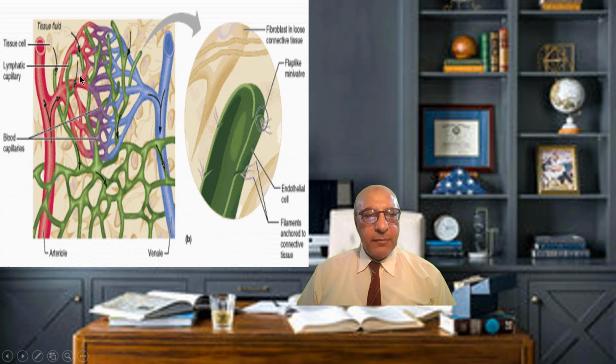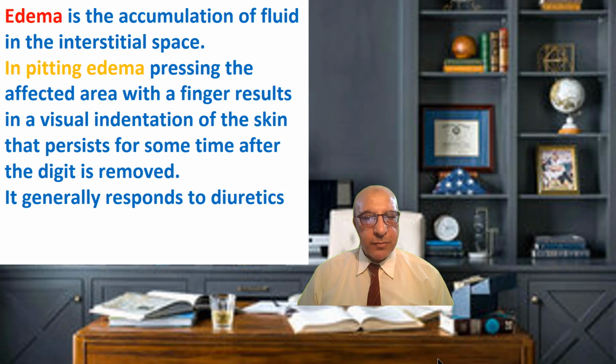We can see here in green, of course, the red ones are the capillaries, which lie between the arterioles and the venules, and alongside each of them we have a lymphatic vessel running to drain the extra 10% we talked about, so that it will be returned back to the circulation. Another very important function of the lymphatics is to drain any proteins present in the interstitial fluid so they are returned back to the circulation, preventing their loss.